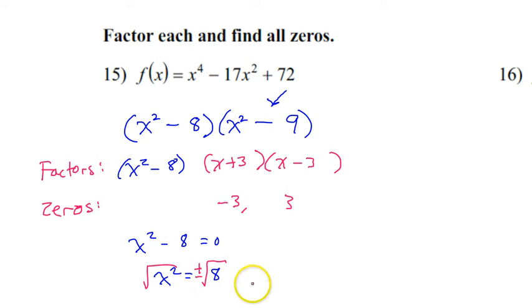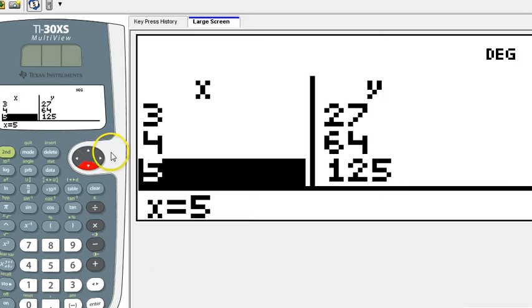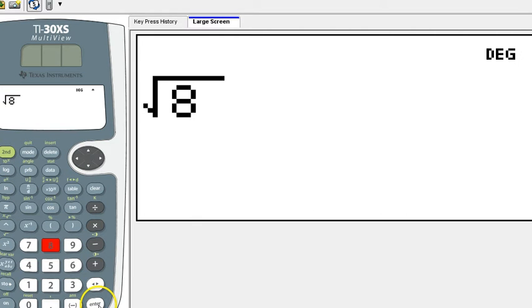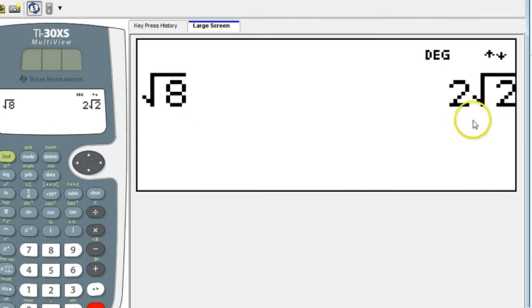Now this does simplify, okay? If I put square root of 8 in my calculator, this is going to give me 2 radical 2. Okay, so 2 radical 2.